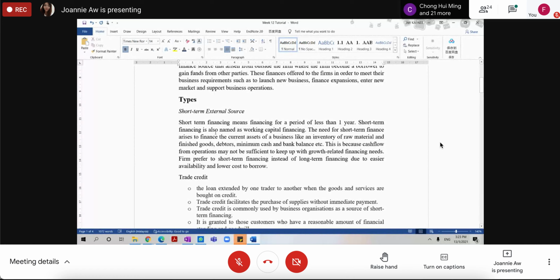The definition of short-term external finance: it is also named working capital financing.